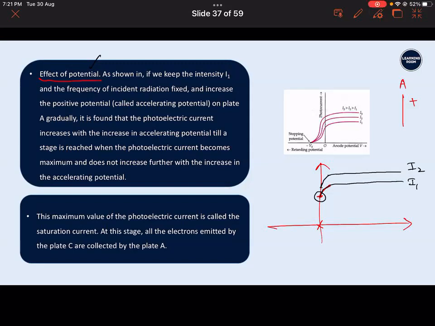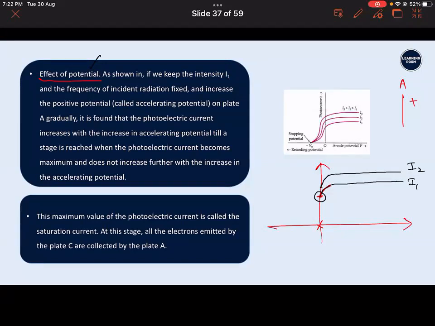I already did my supporting process by giving it a positive charge. If I give the anode a negative charge, what am I trying to do? I'm trying to test the strength or the energy that the electron has to reach the collector plate by overcoming the repulsion. So what will happen?